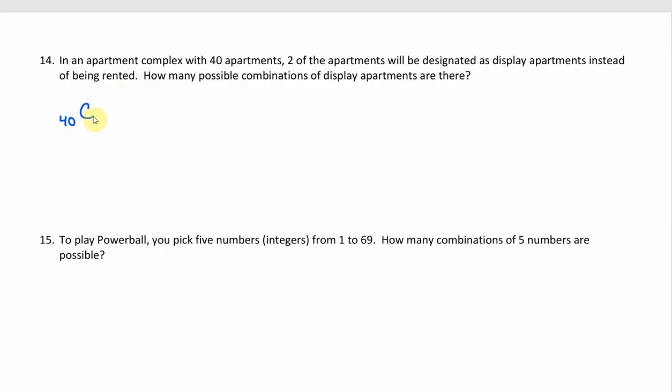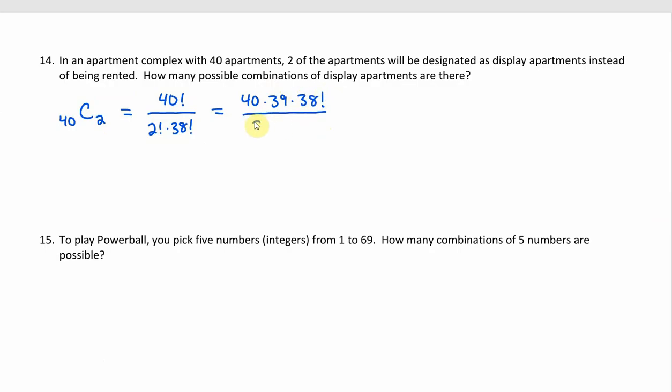So 40 choose 2. That would be 40 factorial over 2 factorial times 38 factorial. So, yes, get rid of the 38 factorial. So on top, I'm going to write that as 40 times 39 and then times 38 factorial.